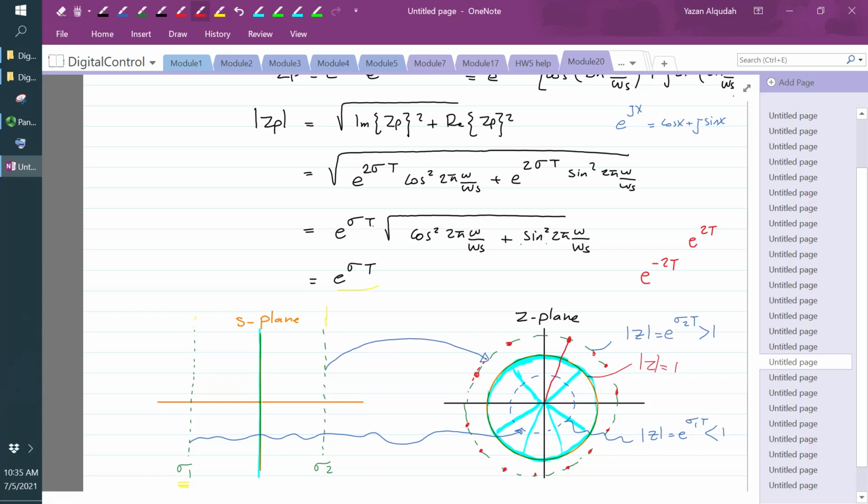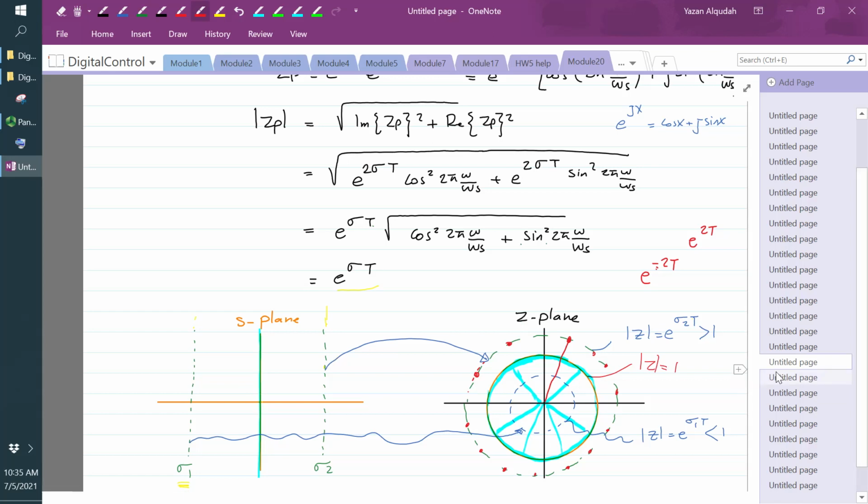Okay, so if there's a negative sign here, it's going to be less than 1. If it is positive, it's going to be greater than 1. Now you can see also that if the poles of the signal are in the left half plane and the signal is stable, they're all going to map inside the unit circle. If they are in the right half plane, they're going to map outside the unit circle.